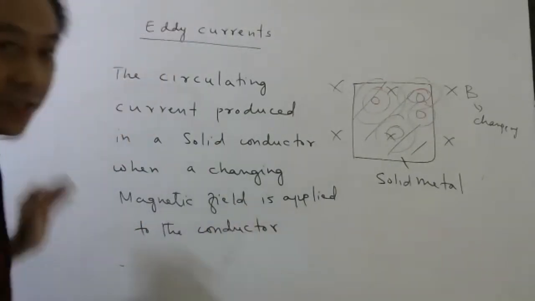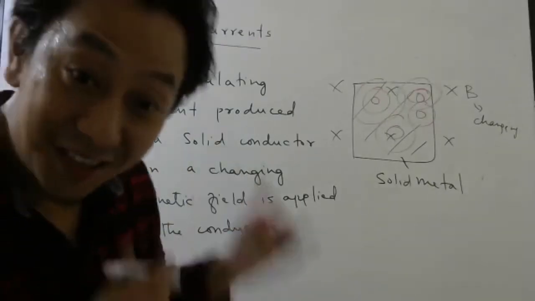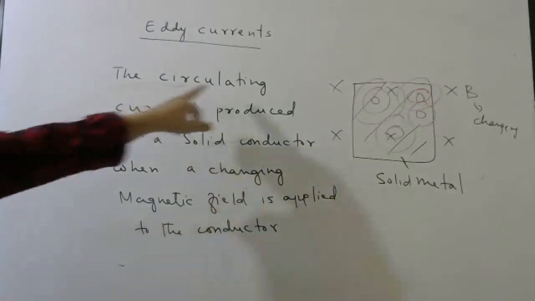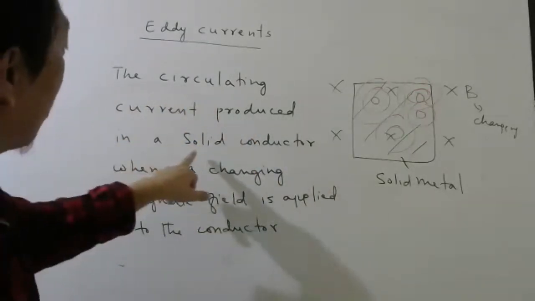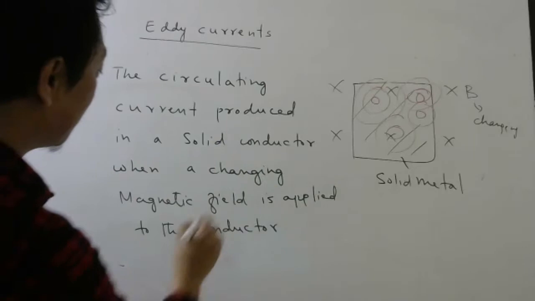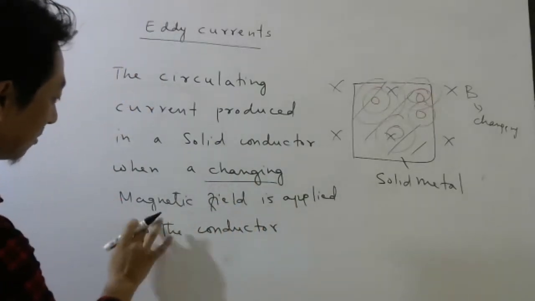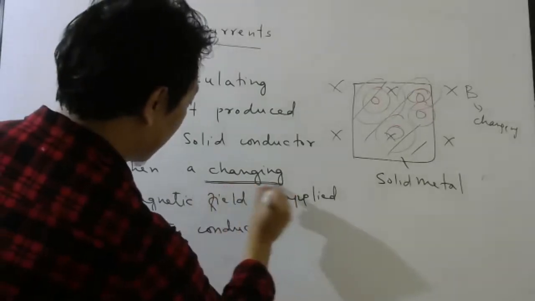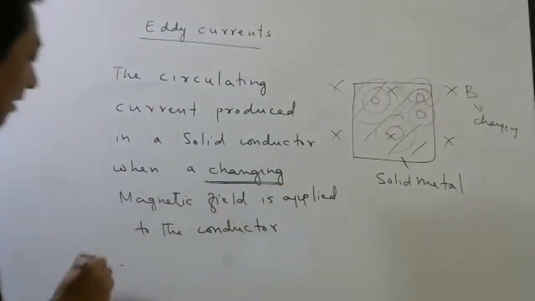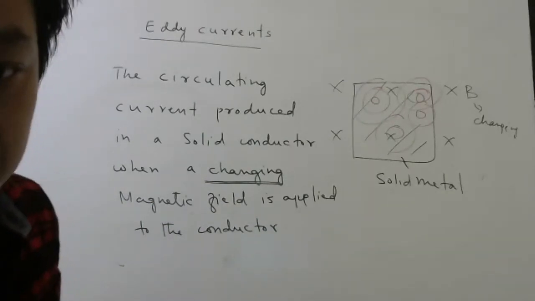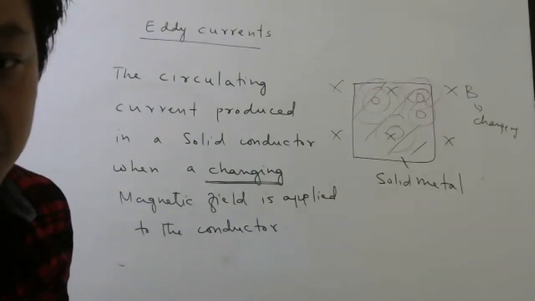See students, the definition is 1 mark only, but to understand this, so much we have to discuss. So the circulating current produced in a solid conductor when a changing magnetic field, this word is the most important word, when a changing magnetic field is applied to the conductor, that is called eddy currents.